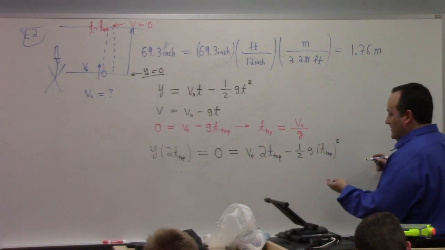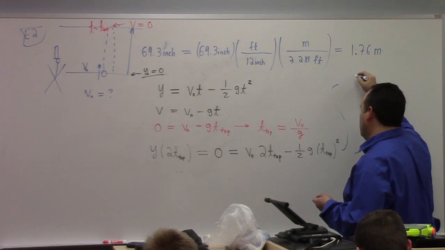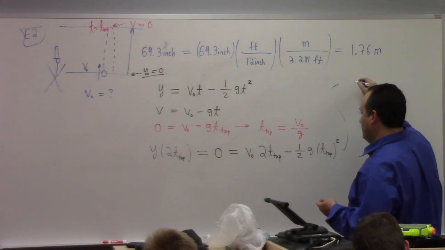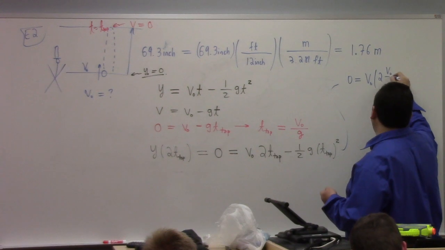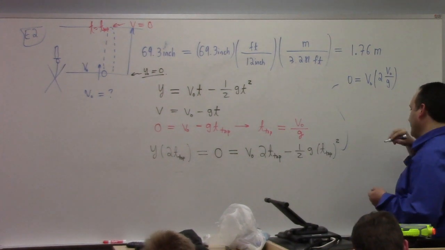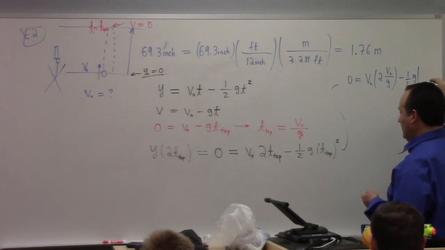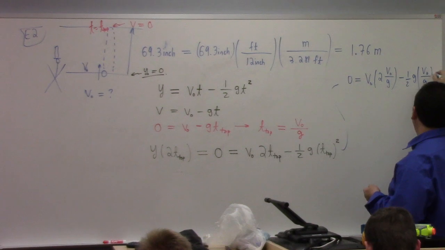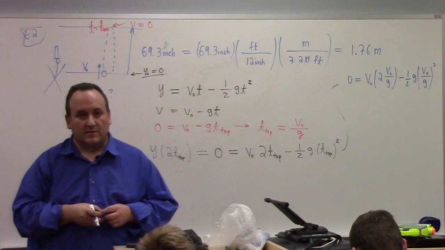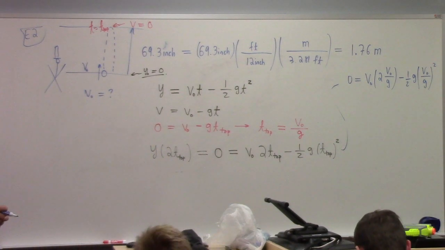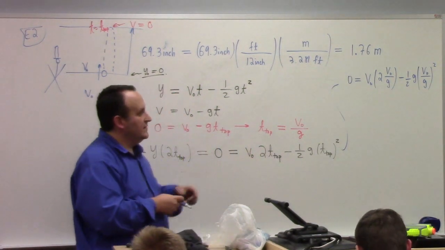I think for this, I'm going to put Ttop equal to v naught over g, so this gives me 0 is equal to v naught times 2 v naught over g, minus 1/2 g times v naught over g squared. So I just substituted in for Ttop. I got rid of Ttop and replaced it with v naught over g, right? I substituted this equation into that equation. Now what do I have?